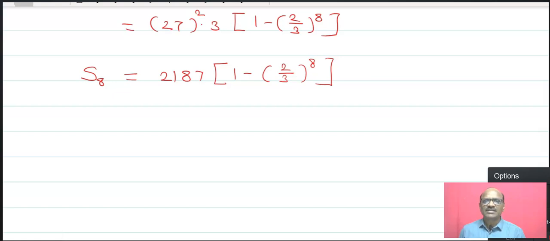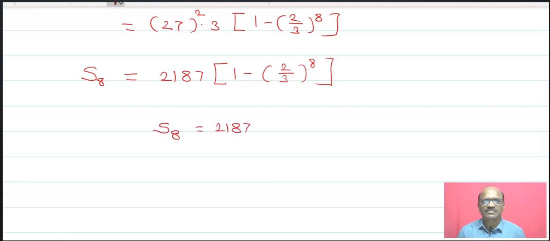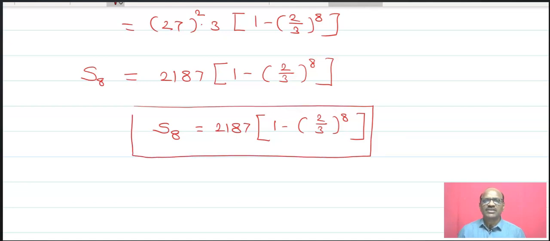This is the value of S8, that is the sum of the 8th term of the given GP. Therefore S8 is equal to 2187 in bracket 1 minus 2 upon 3, bracket raised to 8.